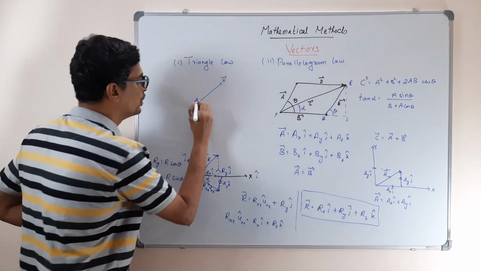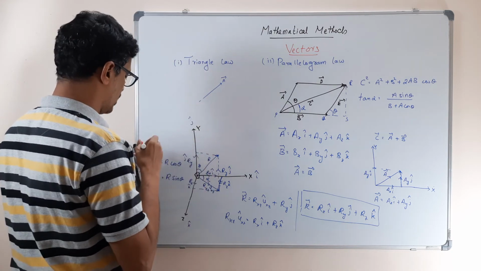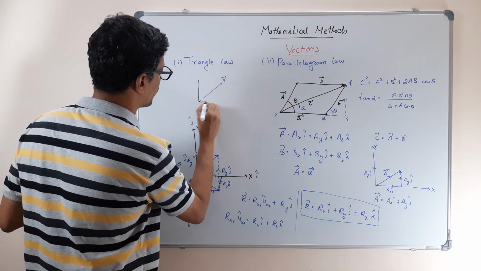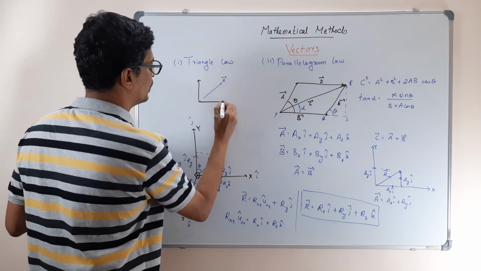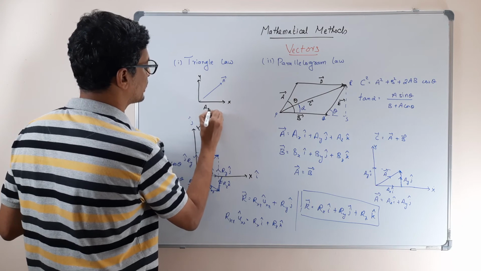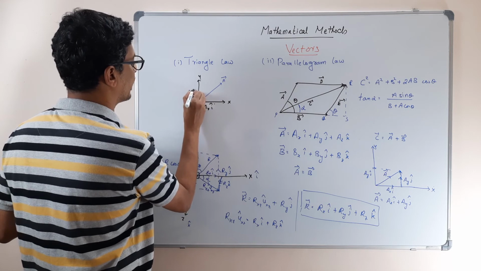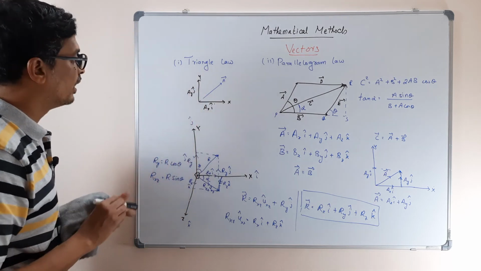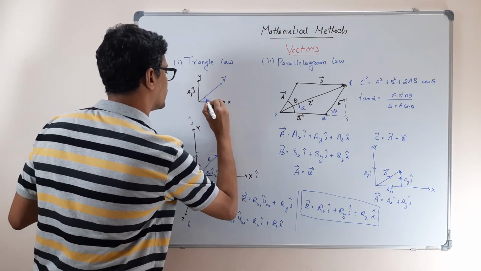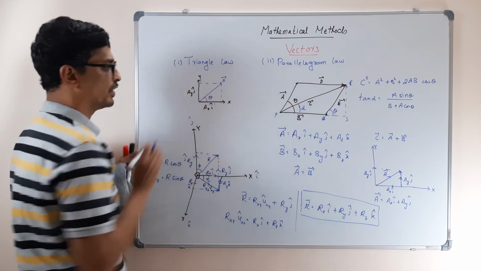In the tail, I am going to draw perpendicular components, so this will be x and this will be y. What you get is Ax i cap and Ay j cap. And if you have this angle alpha or theta here, then you can find out Ax and Ay, right?